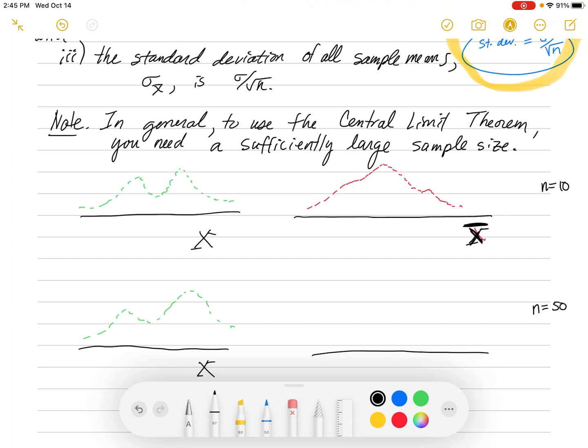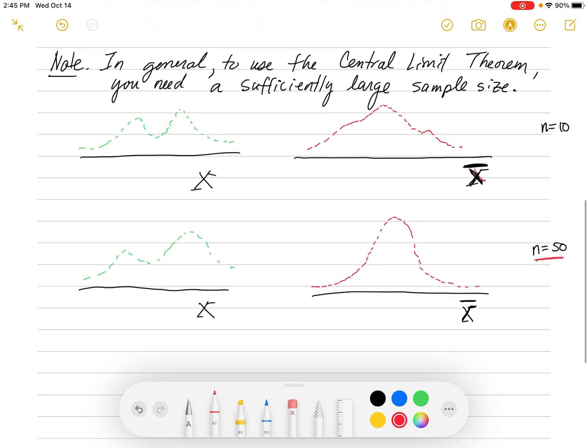And then for every single sample we find a sample mean. So that distribution of sample means is going to be rather normal. Why? Because the sample size was big enough. So the question is, how big is big enough of a sample size? How big is sufficiently large to get approximately normal?